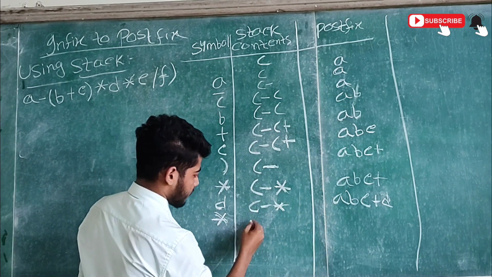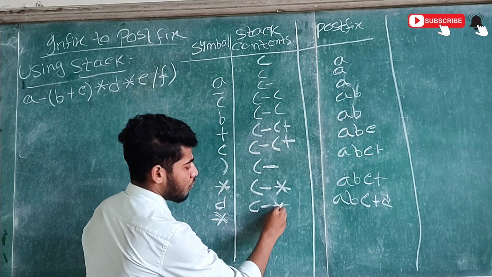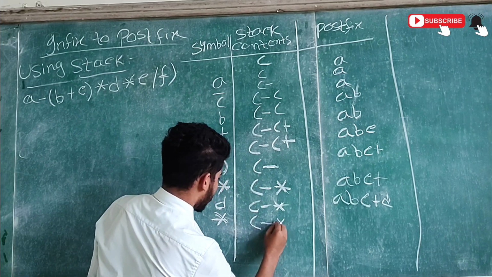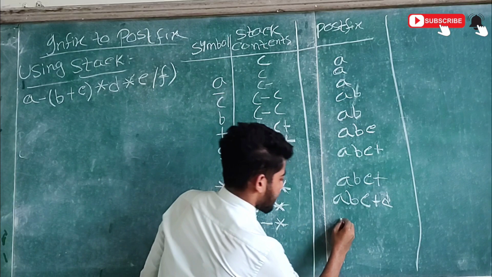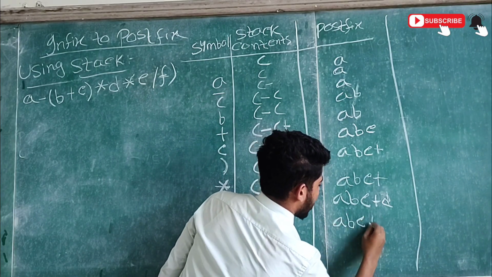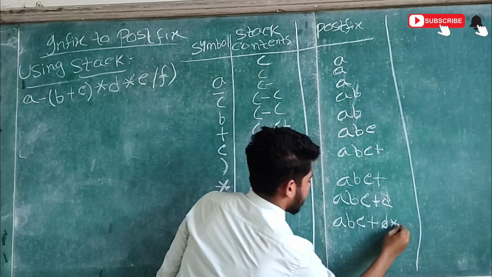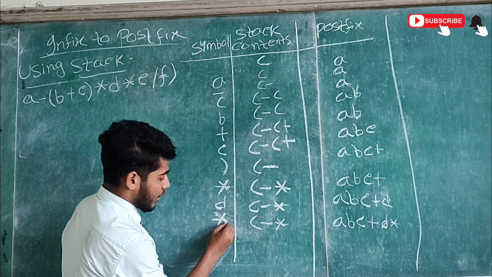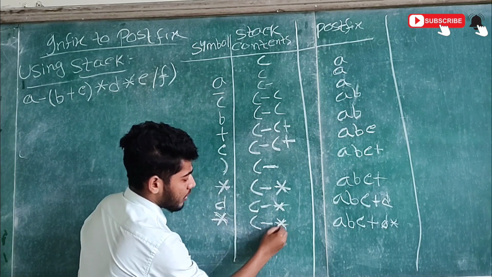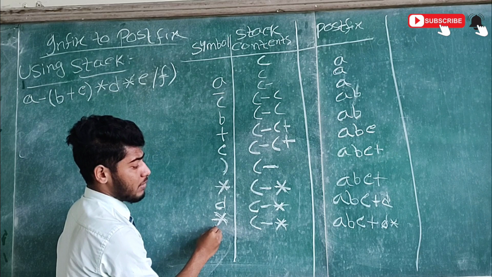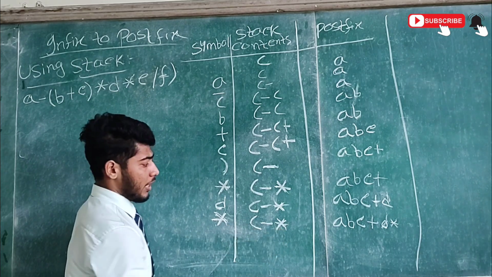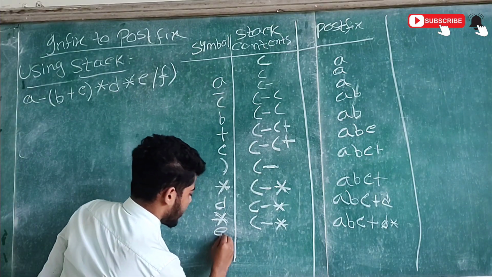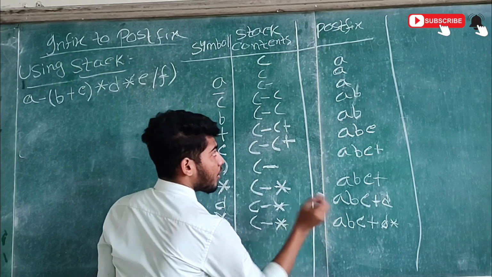So this will be removed from here and added to the array postfix, and the scanned multiply will be added to the array stack. Next is E. E is an operand, so directly add it to the array postfix.